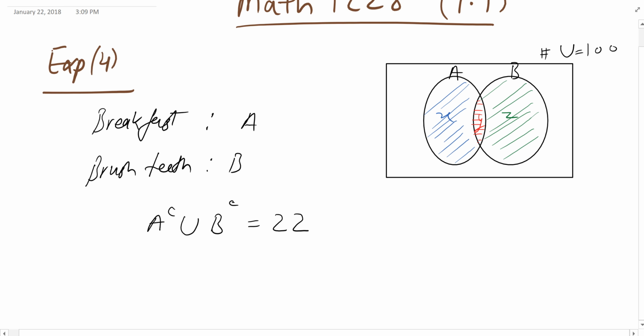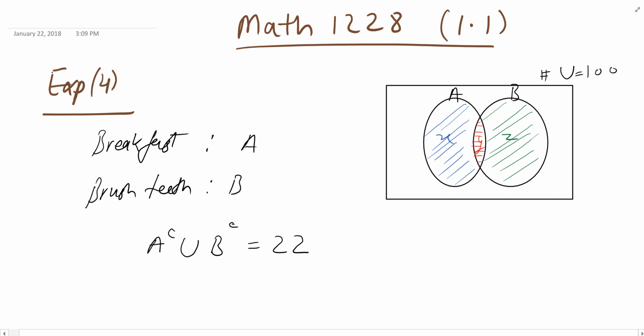Now the next statement, if 88 of the school children brushed their teeth before school, now 88 brushed their teeth, and that is B. So n of B, that means the number in B is 88.